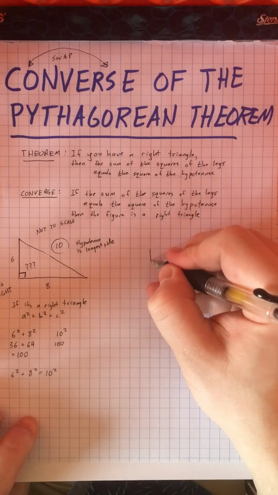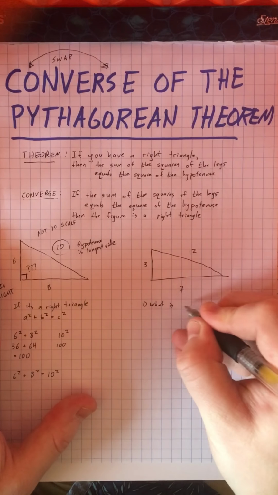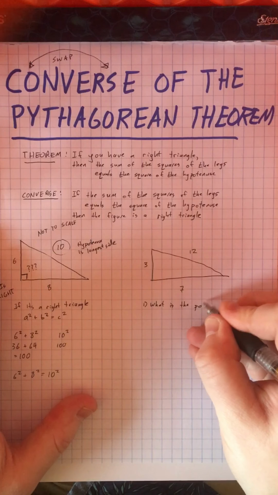Let's try another triangle. Let's make this one 3, 7, and 12. So once again, I ask myself, first, what is the potential hypotenuse?